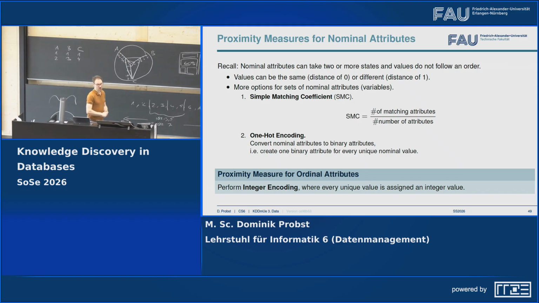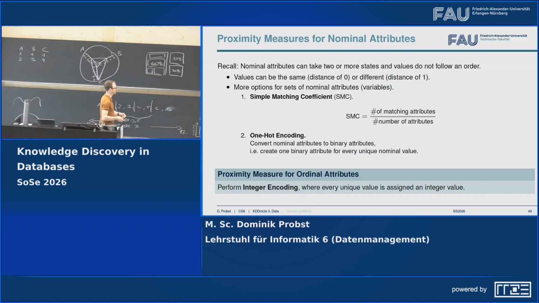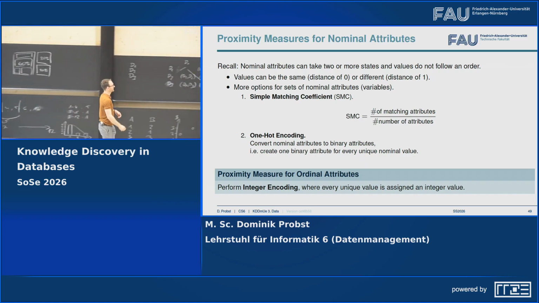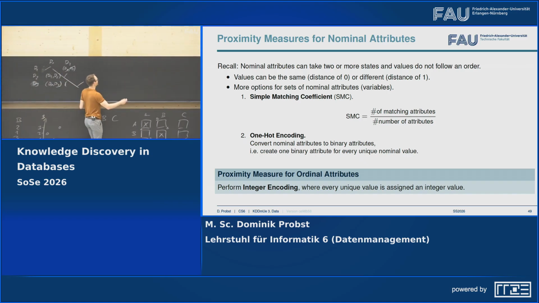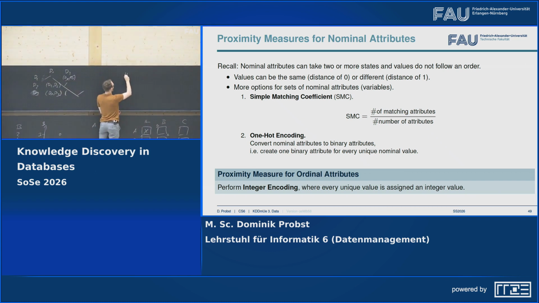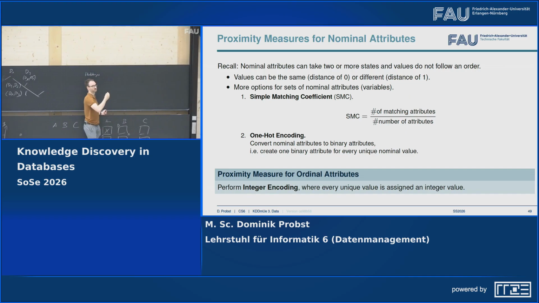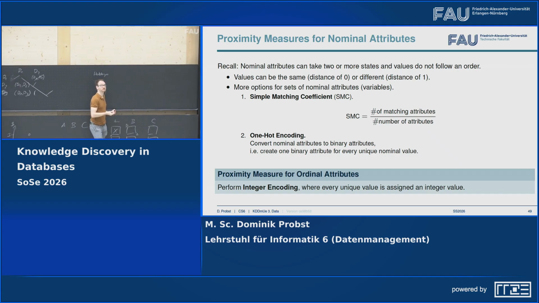The most simple method to compare two nominal tuples against each other is a simple matching coefficient. So let's say we have persons with hobbies and, whatever, not a good example, a car model.